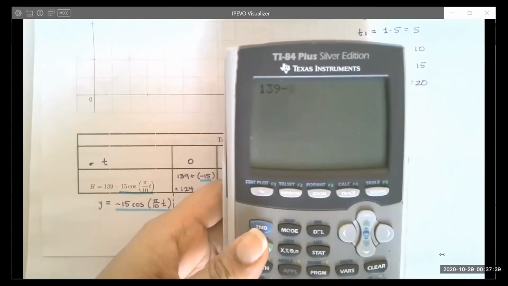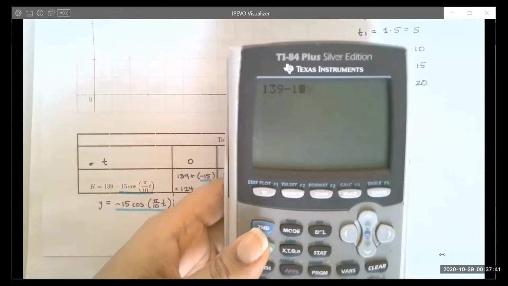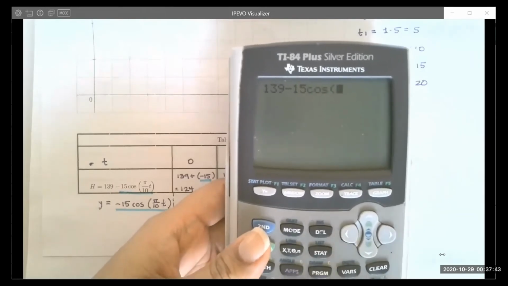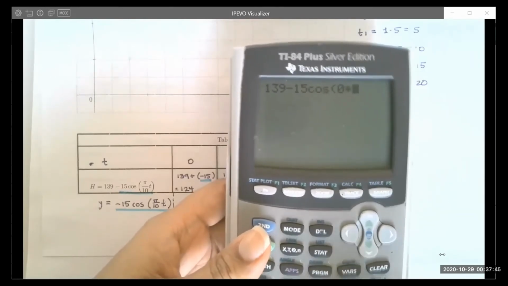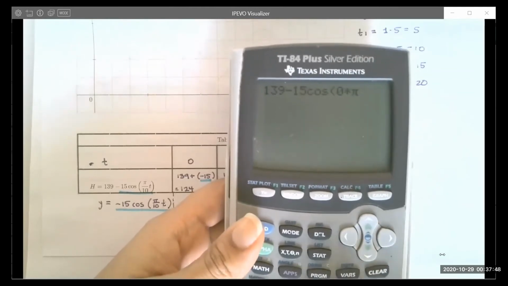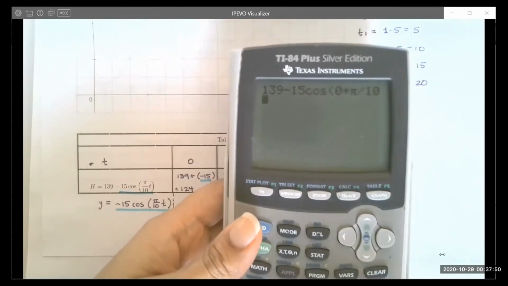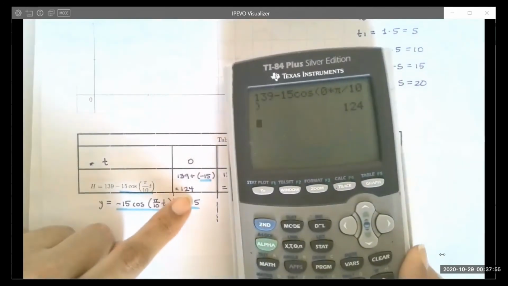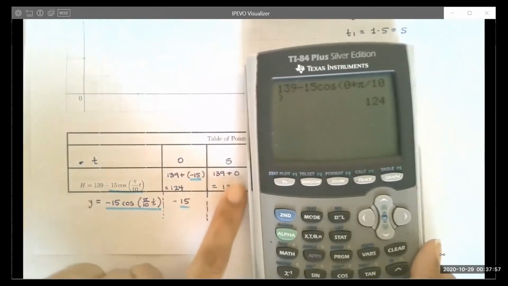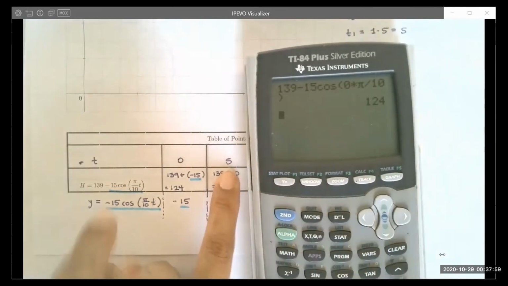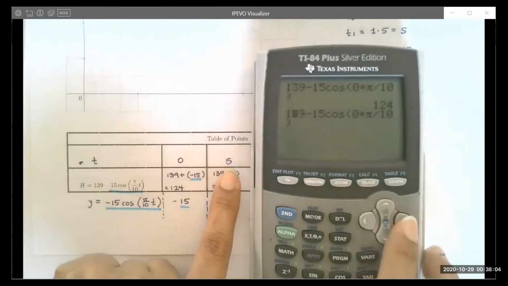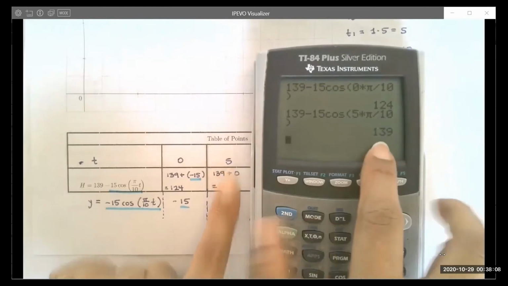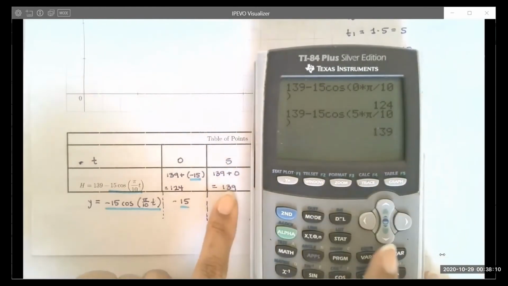We could do 139 minus 15 times cosine of 0 times pi over 10, and we get 124, which is this first value. If you plug in the 5 for t, then replace this 0 with 5, and we get 139, which is this value.